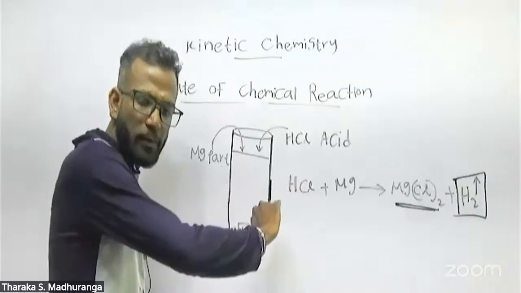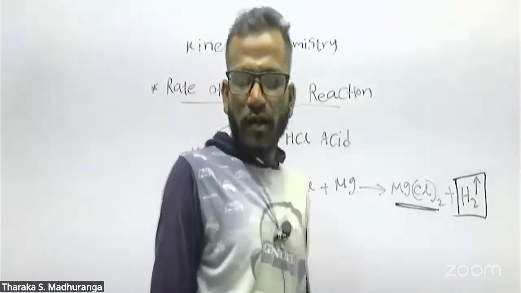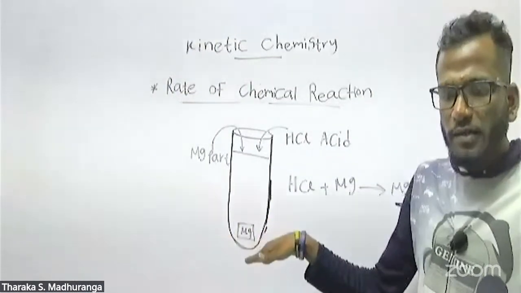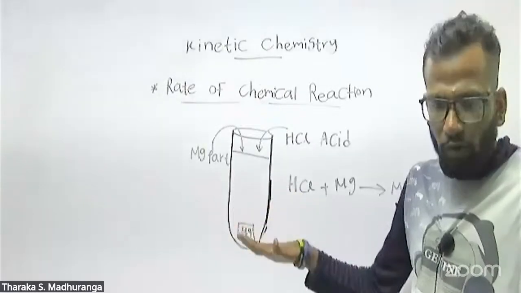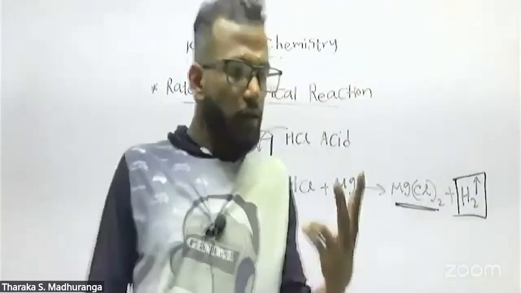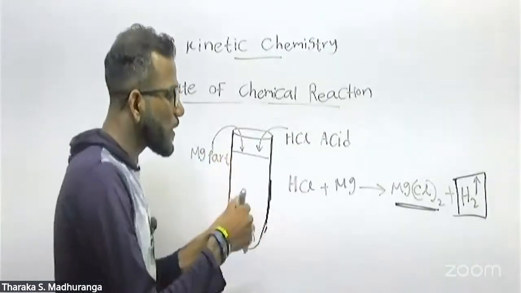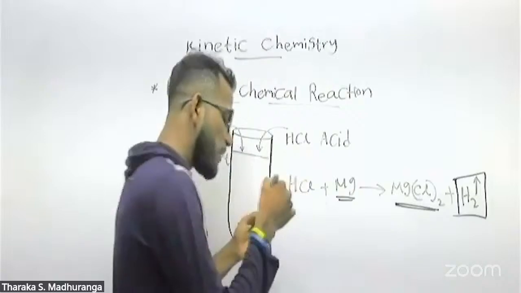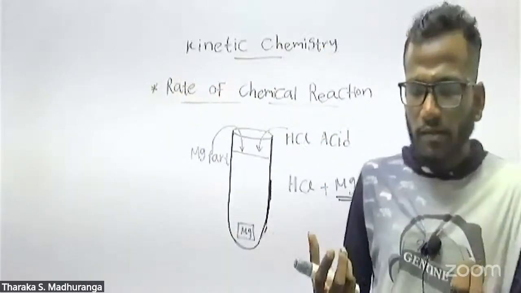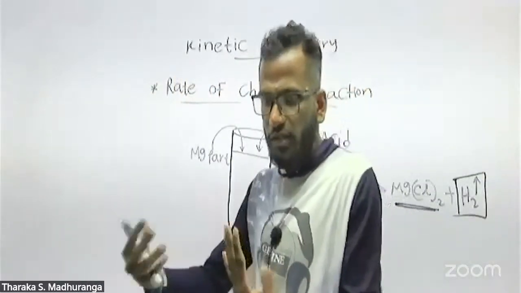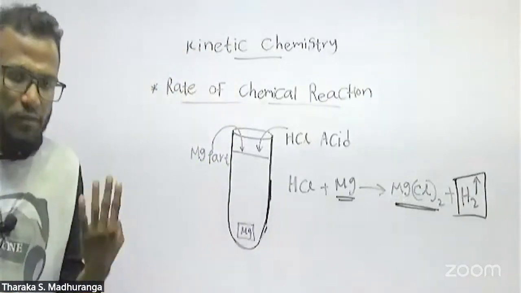Therefore, it precipitates. Precipitate means deposit on the bottom. Three observations. What others? The magnesium part, what happened? The magnesium part is decaying, that means gradually disappearing. Four observations.